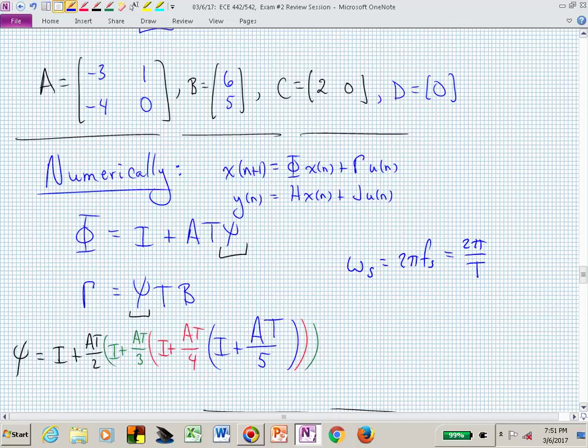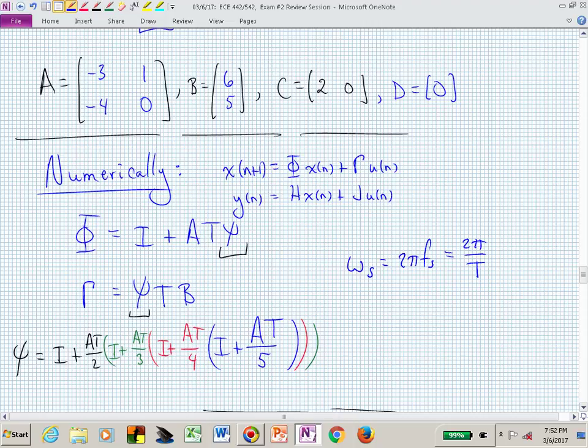But how do you find omega sub s? If you're given A, B, C, and D, if you have this alphabet of a system, which is the continuous time system, how do you find omega sub s? And let's assume that we're not going to change the dynamic behavior with our controller or the bandwidth or the speed of the system.